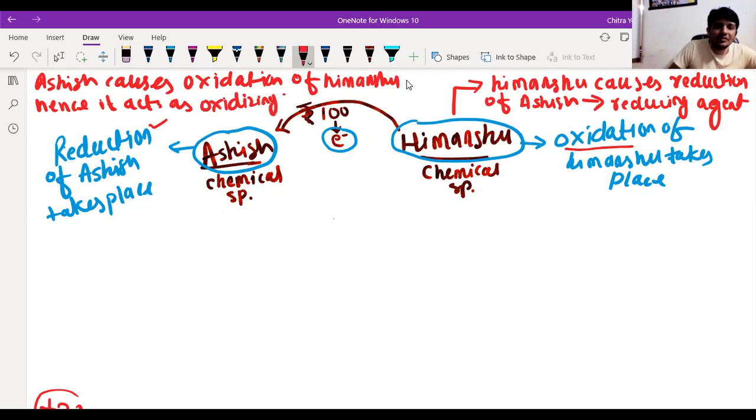Understood? Okay. So now I'm going to define oxidizing and reducing agent on that basis. I'm going to write the definition of oxidizing agent first.